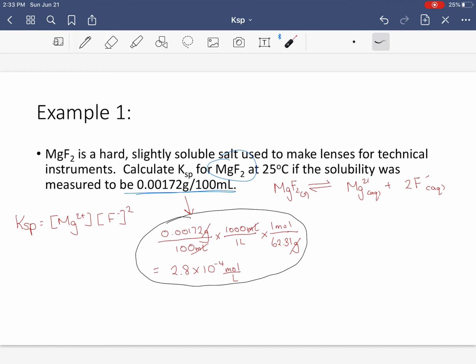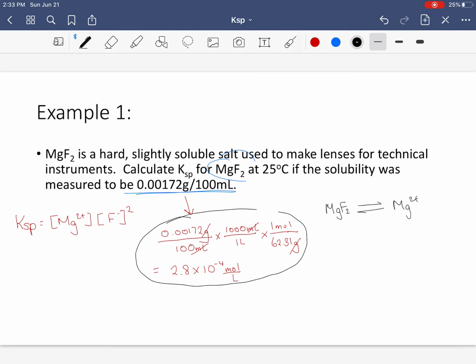So what does that mean? I need to find some room here. I'm going to rewrite this whole thing right here. MgF2 goes to Mg2+ and 2F-. What that means is this.